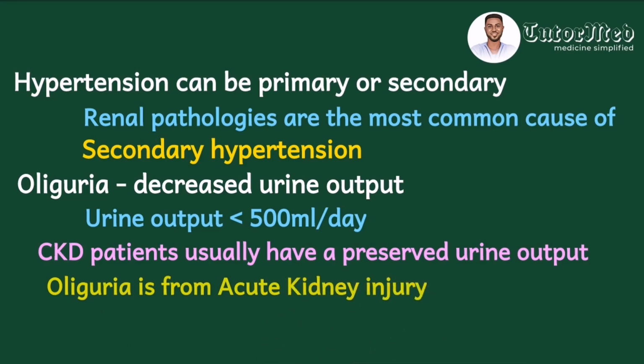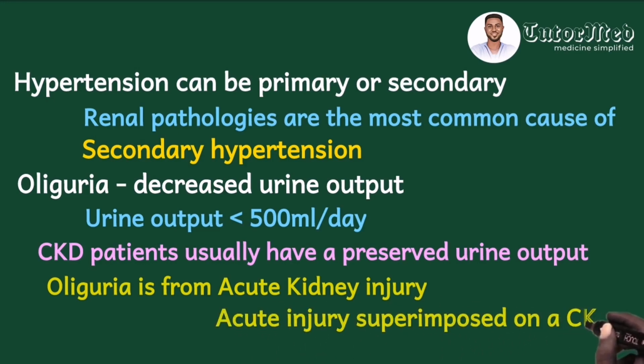Or another scenario is that the patient can have a CKD, and then with his CKD, he develops an acute injury on his chronically diseased kidney, what is known as acute injury superimposed on a CKD. In other words, the patient has an acute on chronic kidney disease.